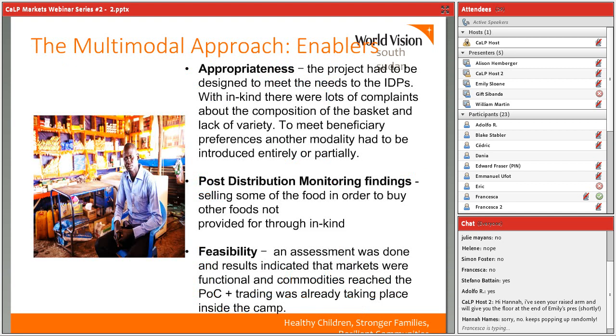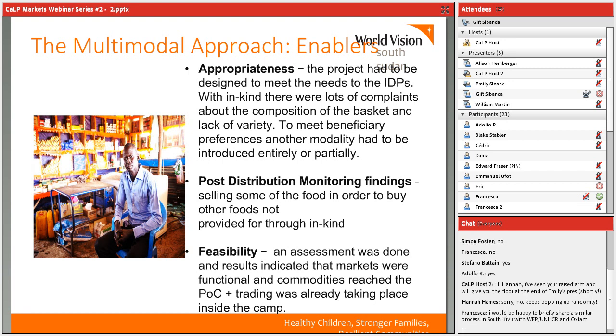Now, the enablers to this process were mainly, one of them, appropriateness. We wanted to design a project that would really meet the needs of the IDPs. You will recall that within in-kind there were a lot of complaints, mainly about the composition of the basket and lack of variety. So we thought that bringing in the other modality would assist.